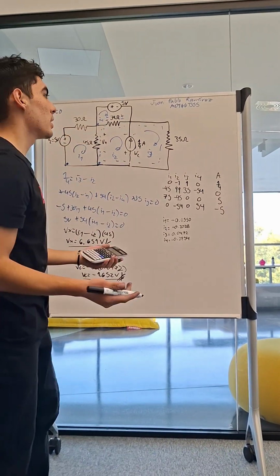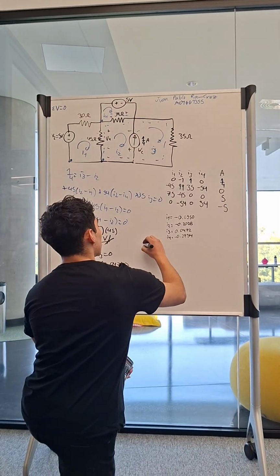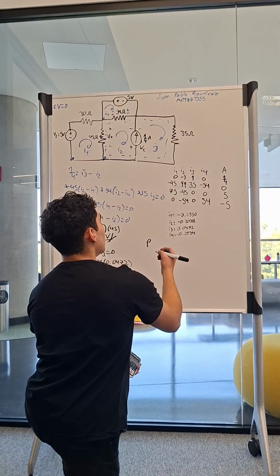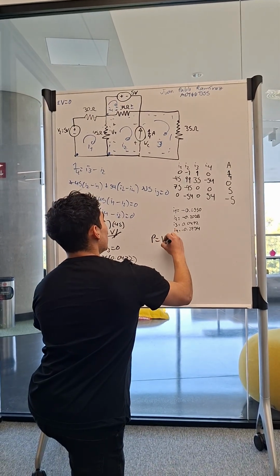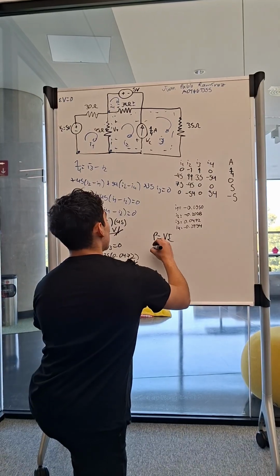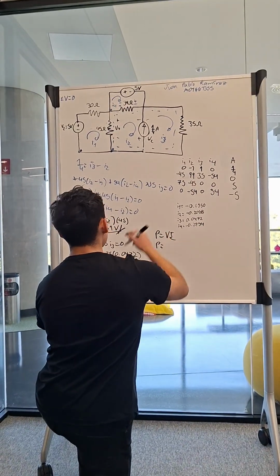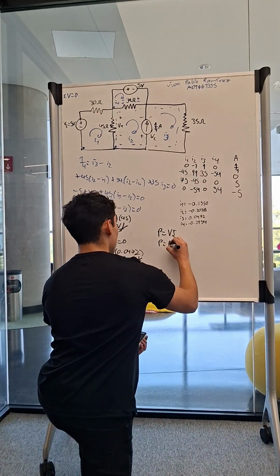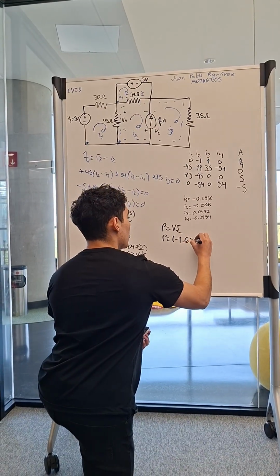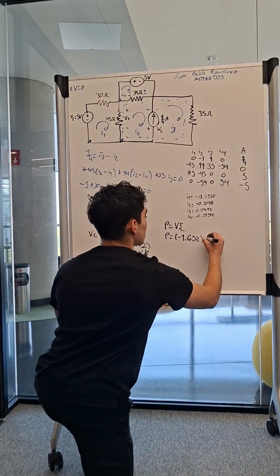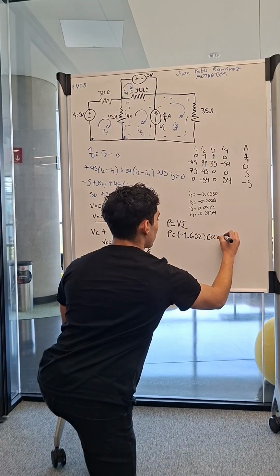So we will just plug in the formula to calculate the power absorbed. Then it's VI. So P is equal to the voltage of C, minus 1.652, times the current, and the current is just 0.25, right?